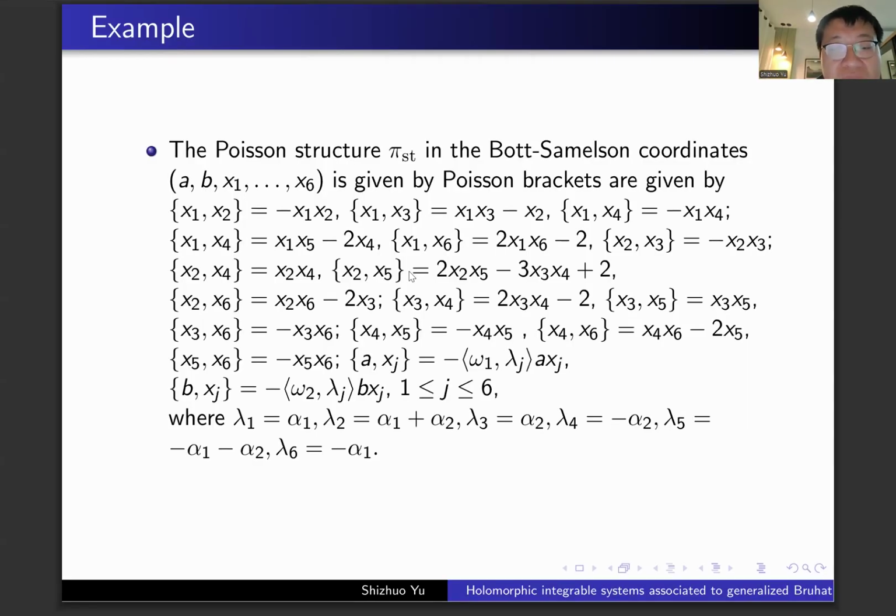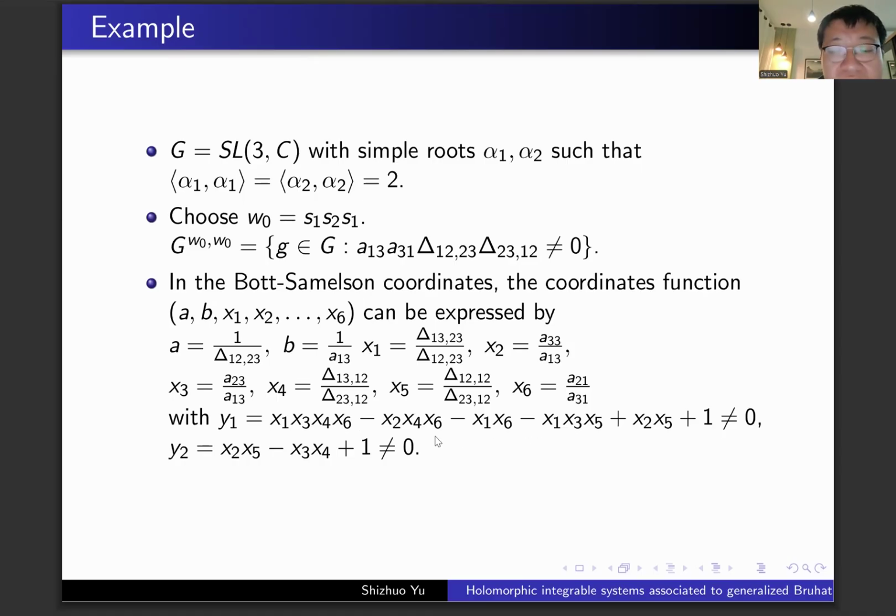The functions y1 and y2, what are y1 and y2? They are just the equations which define the Zariski open subset of the alpha space.